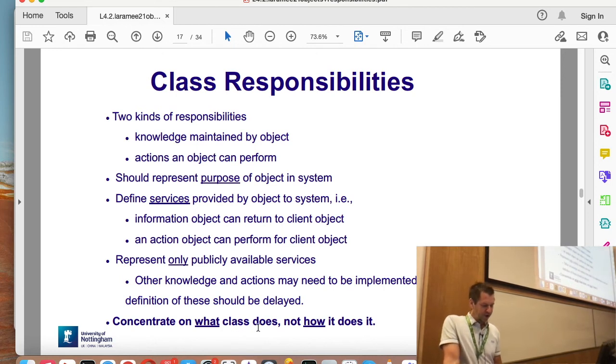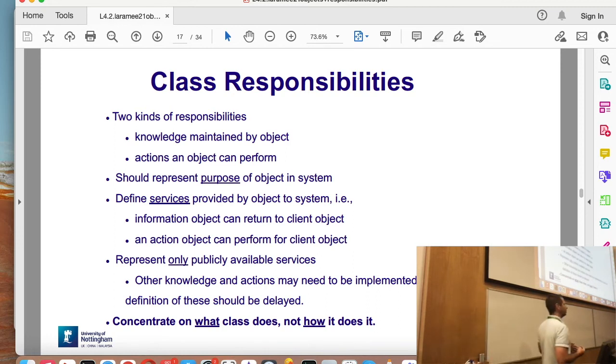Concentrate on what a class does, not how it does it. And that's a good rule of thumb for your group work. You're all in groups and you're doing group work on some group project, right? And you're having discussions about your software and how to develop it, and how you want to go through a design phase, by the way. Don't have arguments about how something gets done.